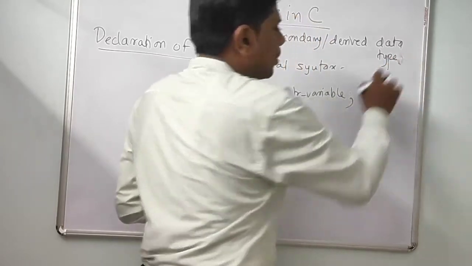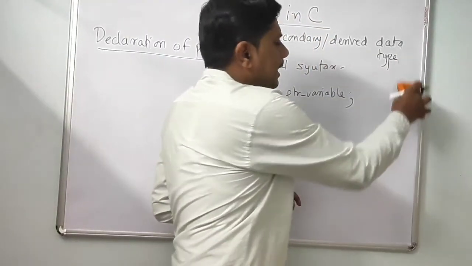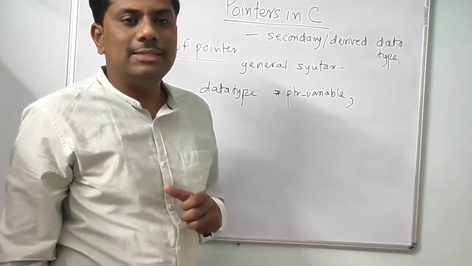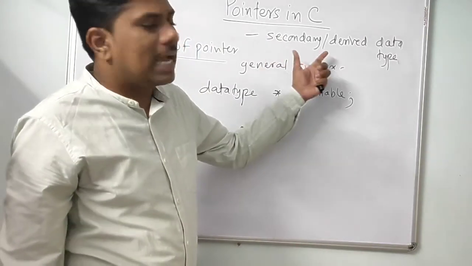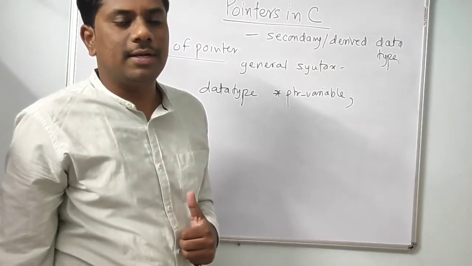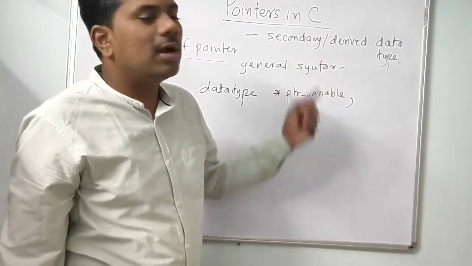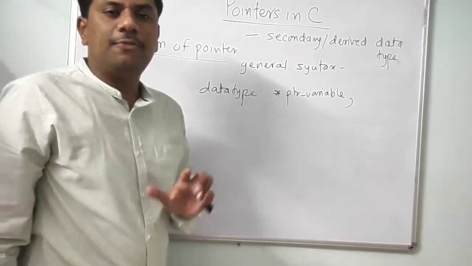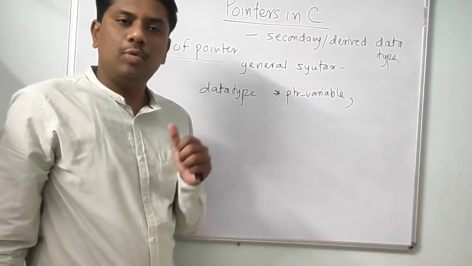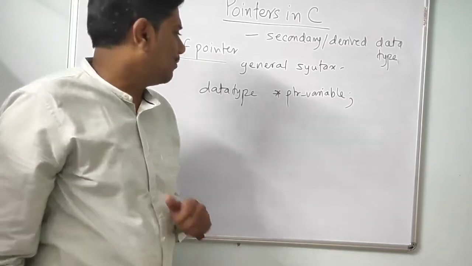Because you know that int, float, char, double, void are the primitive or primary data types, and a pointer can be derived from these primary data types. That's why it is called a derived data type or secondary data type. So this data type can be int, float, char, double, void. The void pointer concept is also there in C language.